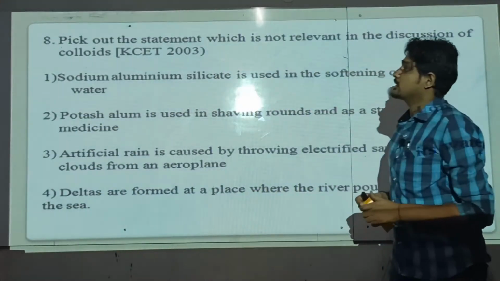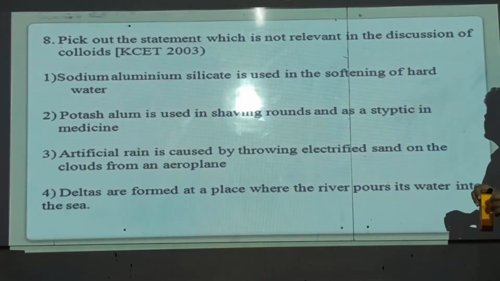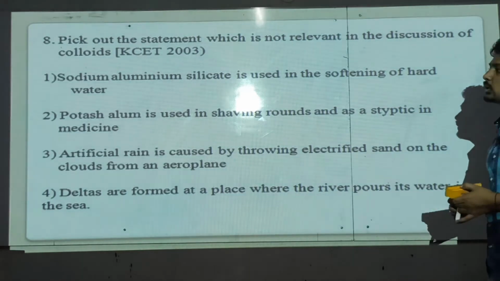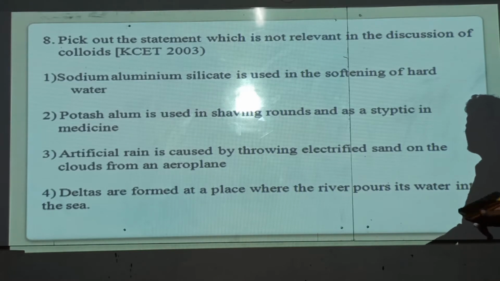The next question says: pick out the statements which are not relevant in the discussion of colloids. The first one, sodium aluminum silicate is used in the softening of hard water. Second one, potash alum is used in shaving rounds and as a styptic in medicines.